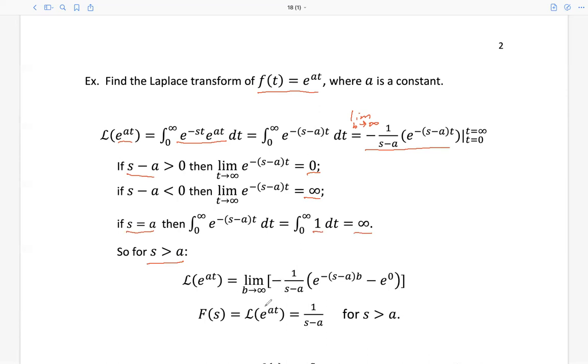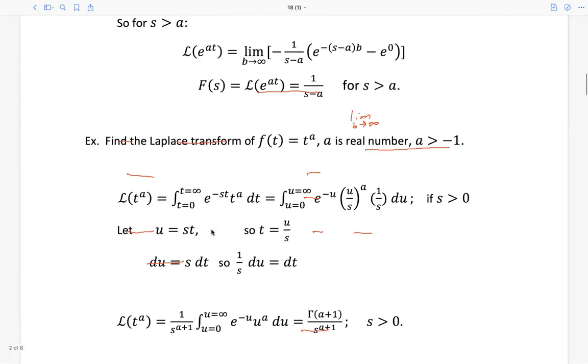When we take the limit, in the end we get this: the Laplace transform of e to the at, for s greater than a, is 1 over s minus a. So that's how the Laplace transform turns exponential functions into a rational function. This is the second example.